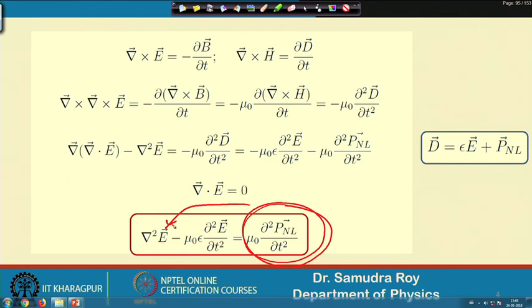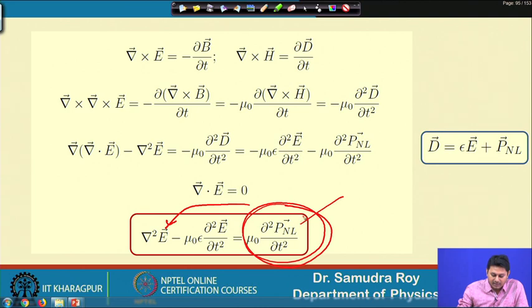This is the same picture we have already shown with a schematic diagram, that when the dipoles are vibrating in a nonlinear fashion, they will start generating some kind of electric field, and this electric field will have a different frequency component. Exactly the similar concept we have through this equation, where we find, after deriving the Maxwell's equation considering the nonlinear polarization term, something like this, a source term.